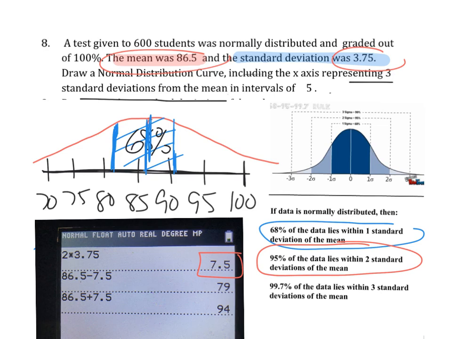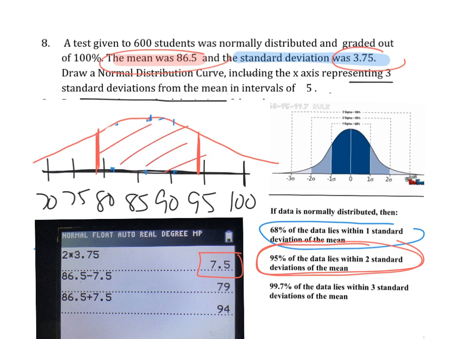That tells me that 95% of the data lies between 79 and 94. So in this range, between 79 and 94, I know that 95% of the data lies.